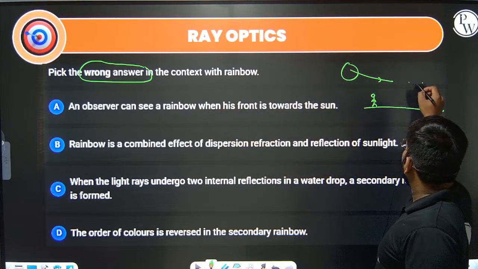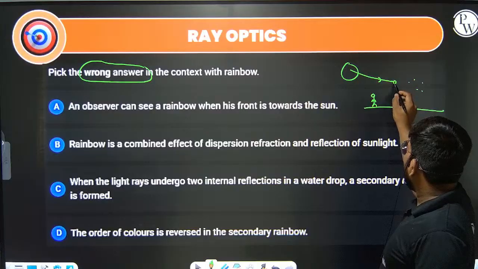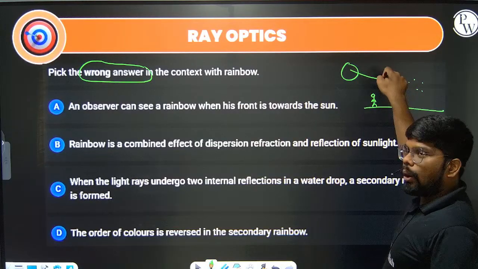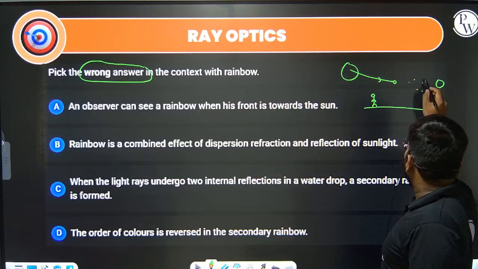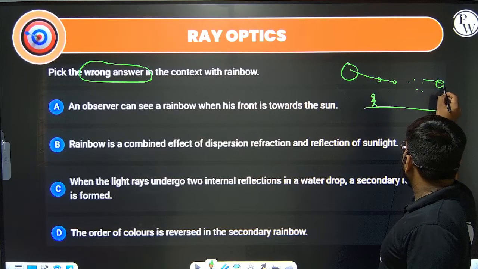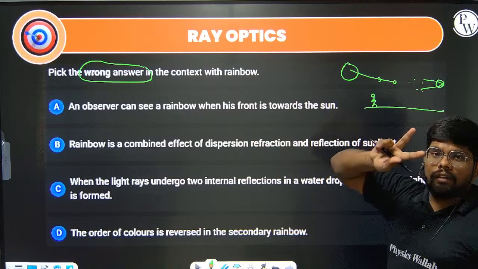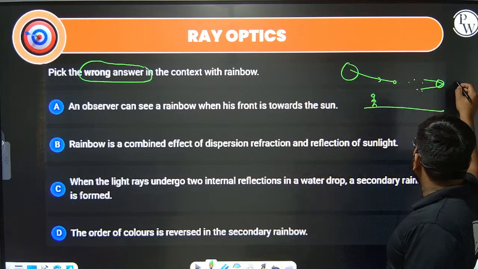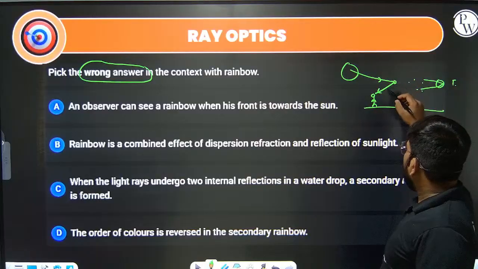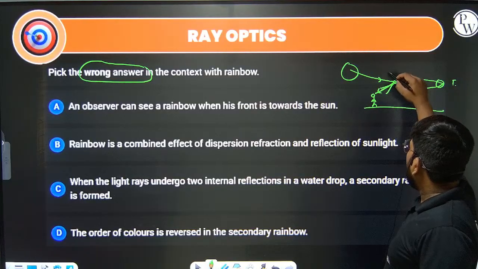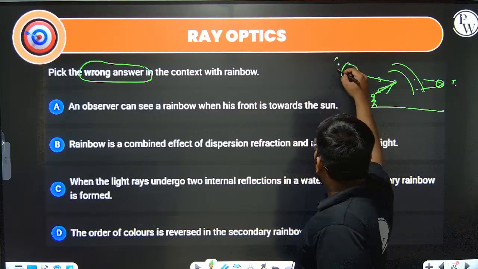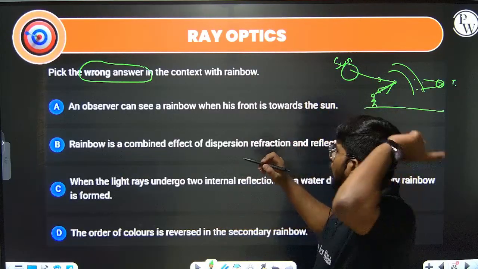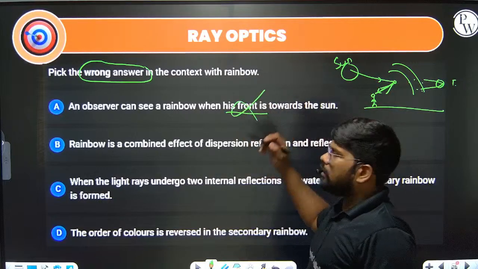If somewhere moisture is there, in the water droplets, the light will enter the droplet of water. It will undergo refraction, reflection, and again refraction. It is a double refraction including TAR. Then you will be seeing splitting of light as a rainbow. So for the rainbow to appear, the sun should be behind you, not in front of you. That's why it is the wrong answer.